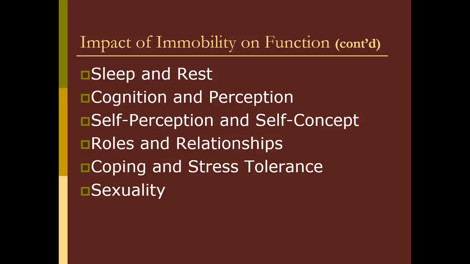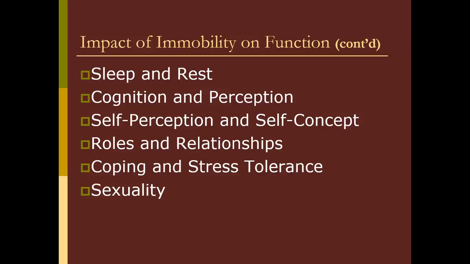There are a whole host of other functional health pattern areas that are impacted by immobility. Sleep and rest, cognition and perception, self-perception and self-concept. Roles and relationships are affected, coping and stress tolerance are impacted, and sexuality.